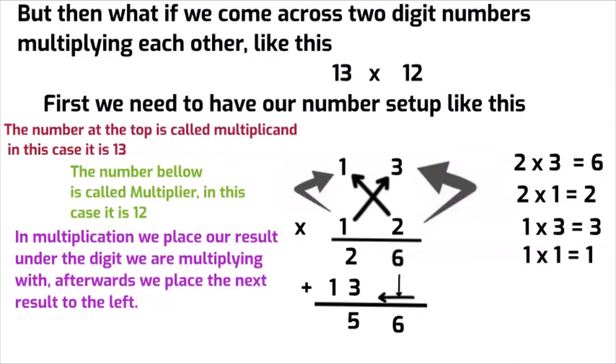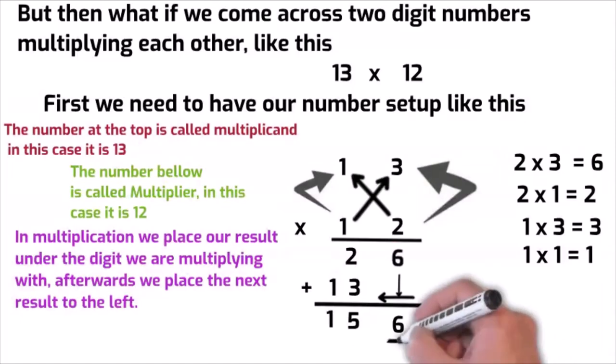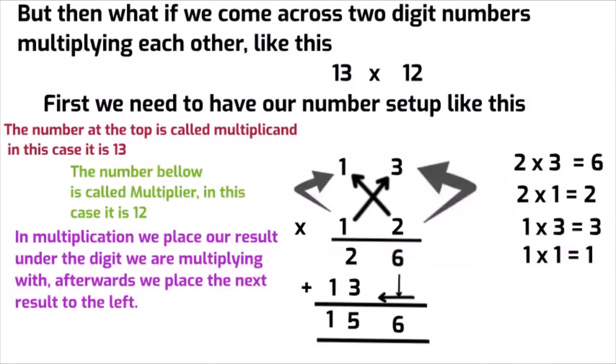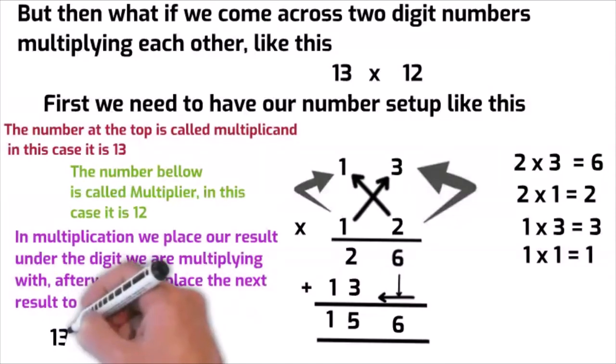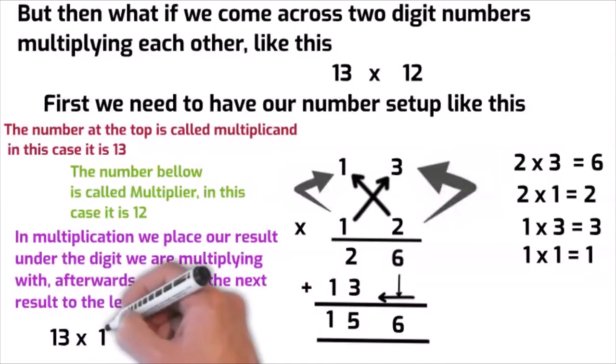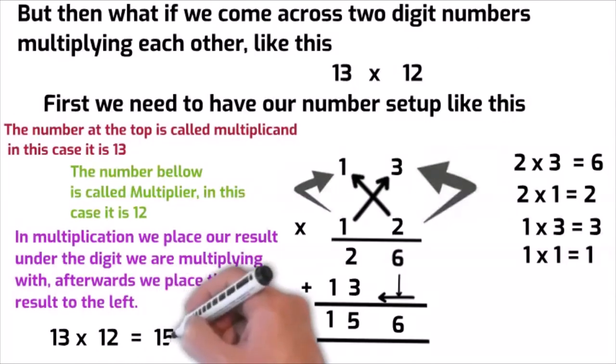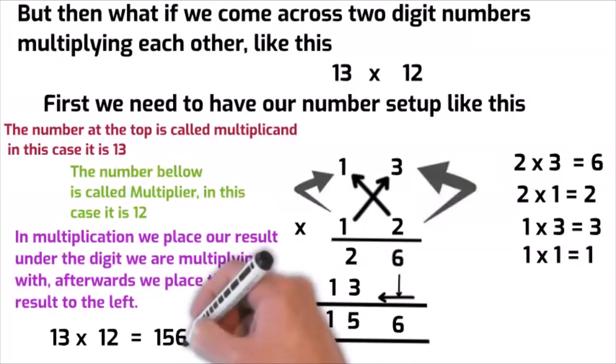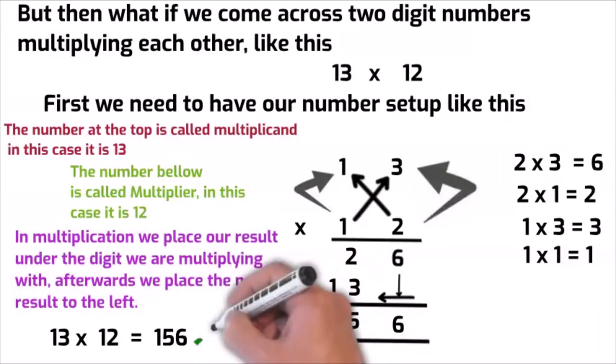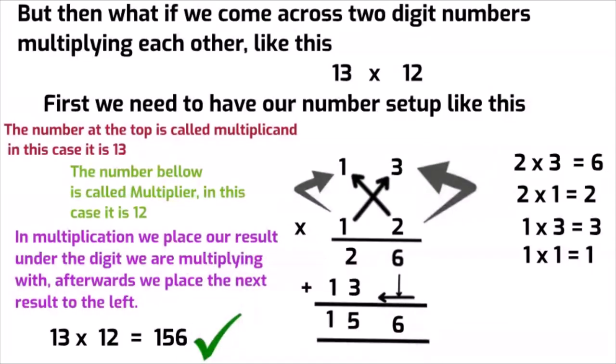We go down and write down 5. 1 has nothing to add. So we come down and write down 1. We are through. 13 times 12 gives us 156. Our answer is correct.